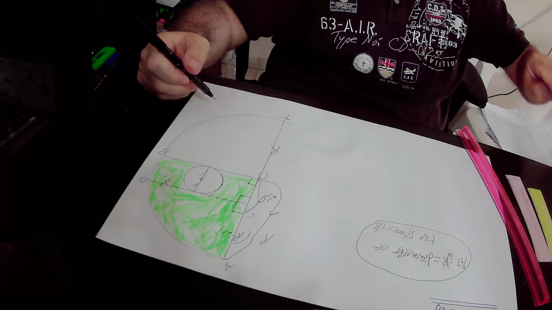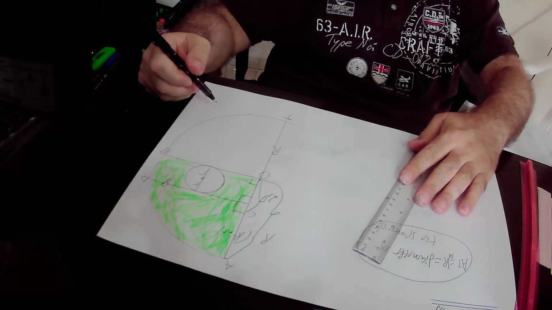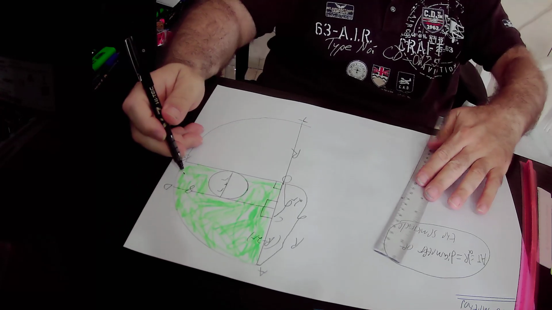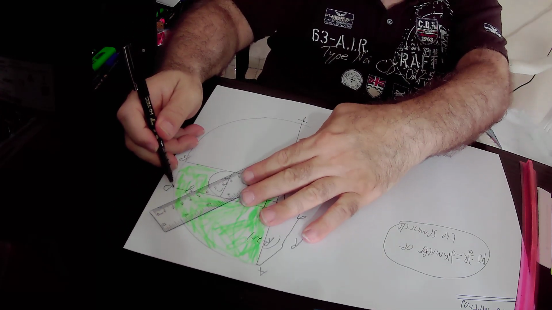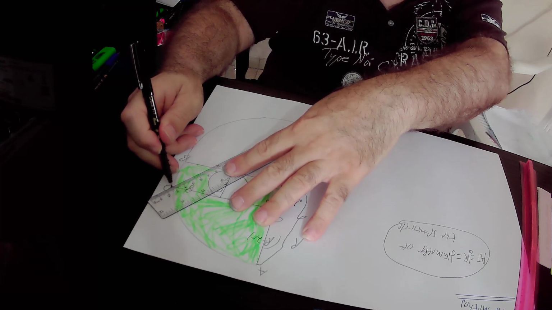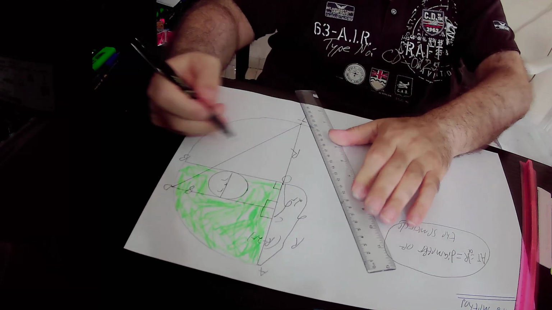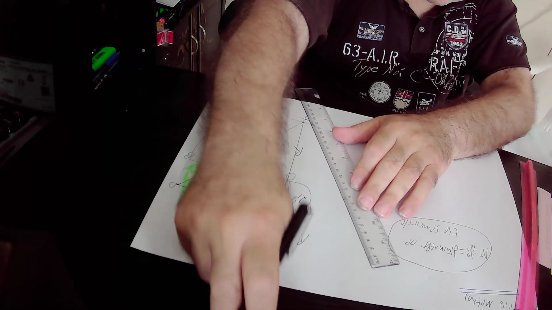In the next step, we will join points D and T together by a straight line. We will join points A and D together by a straight line.